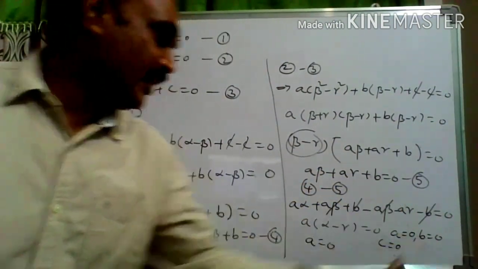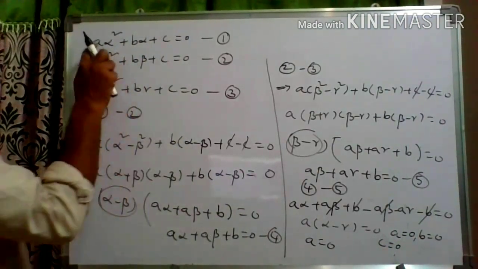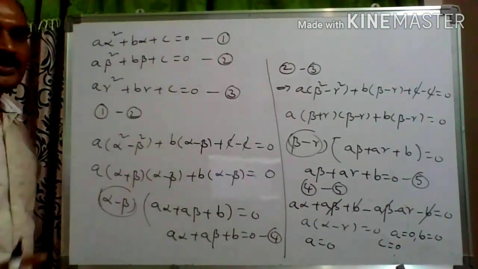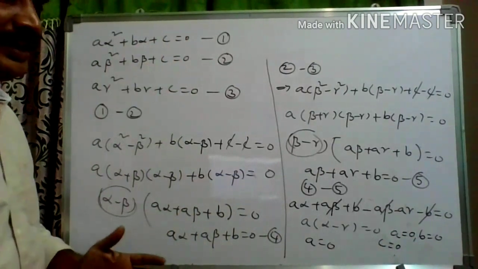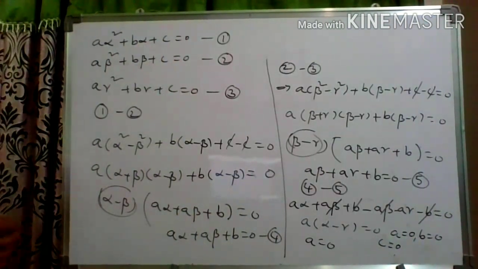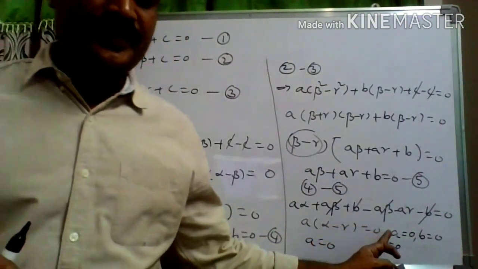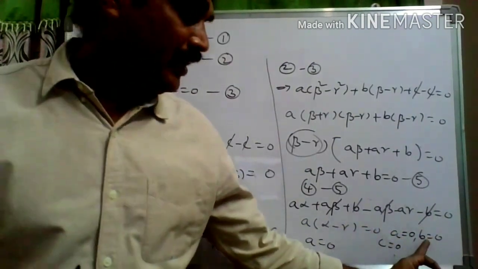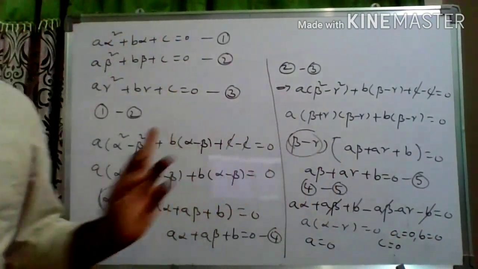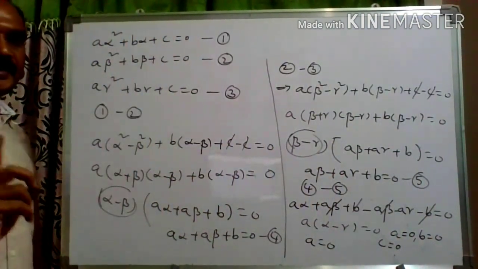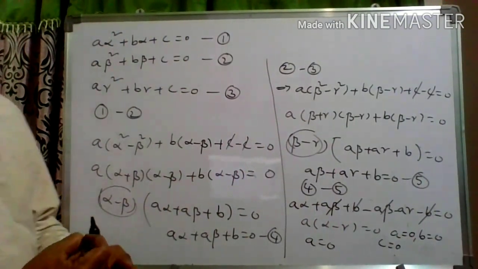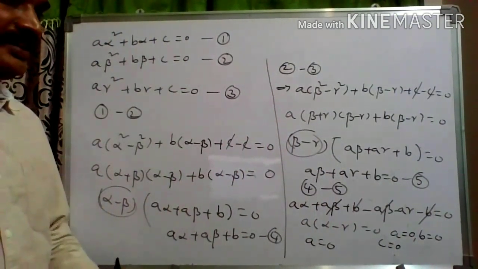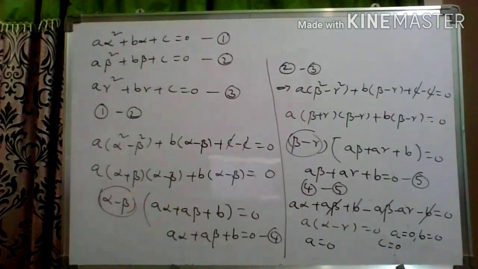Substitute a, b in equation number 1, so a is 0, b is 0, c is 0. So quadratic identity formula: a is 0, b is 0, c is 0. What is the value of a, students? Coefficient of x square is 0, coefficient of x is 0, constant is equal to 0.